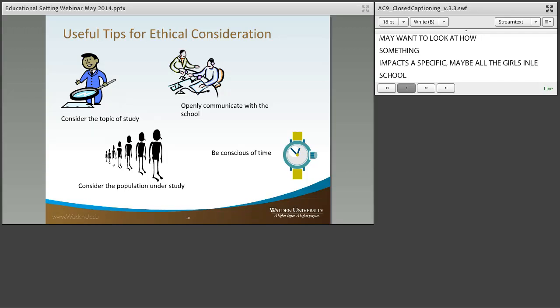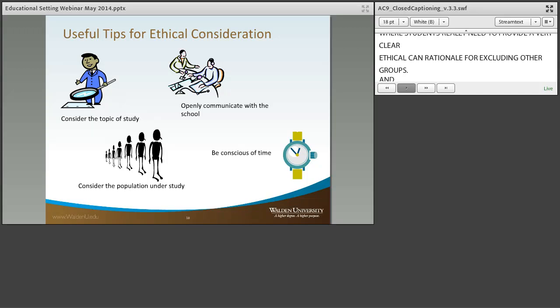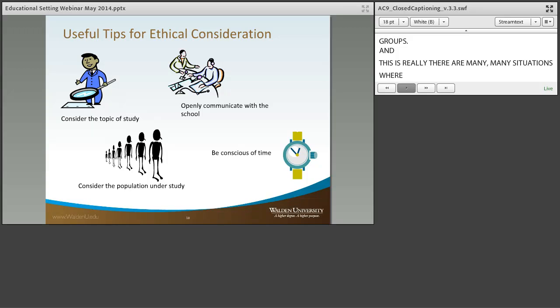And while certainly that research is very important, that is also another situation where students really need to provide a very clear ethical rationale for excluding other groups. There are many situations where that ethical justification can be made, but not always.